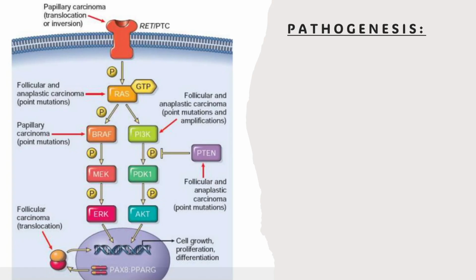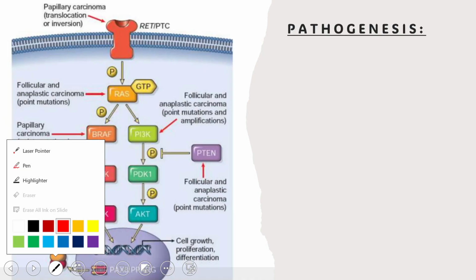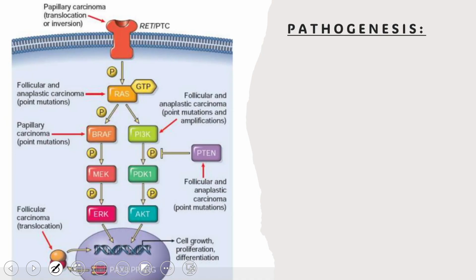And pathogenesis, we first go through this. You can see this follicular thyroid carcinoma. First, there is a point mutation in phosphatidylinositol 3 kinase, and next we see there is a point mutation in the PTEN gene.